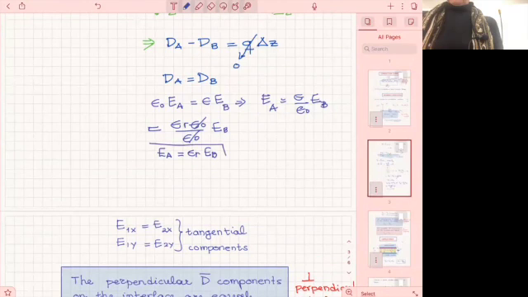That's what happens in this particular simplified case of a one-dimensional field.